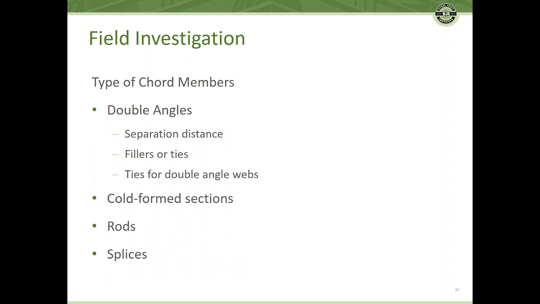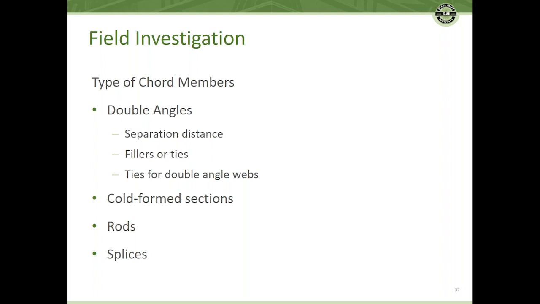When we're also doing a field investigation, we want to get some configuration information like what the top chord members are made of and the distance between the angles if they're used for top chords, whether there's fillers or ties connecting the top chords together, and then the ties for the double angle webs.